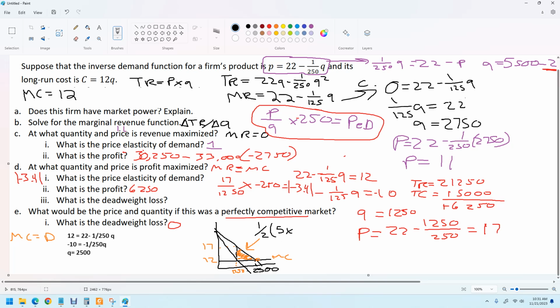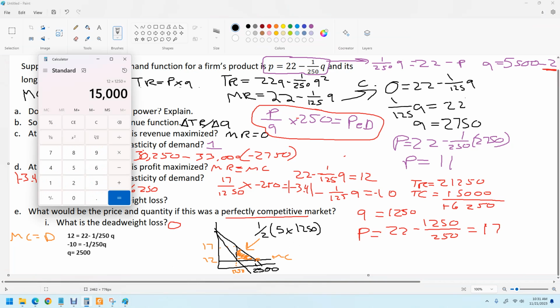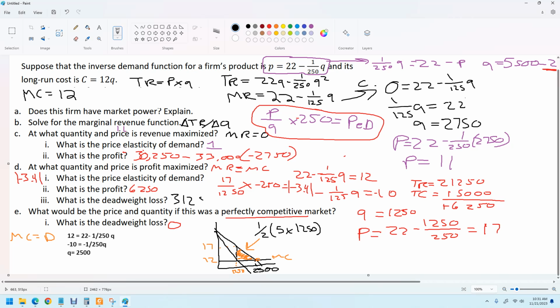So 1,250 is half of 2,500, so it's just 1,250. And I can't do that in my head, so 1,250 times 5, and then half of that is 3,125. That is the deadweight loss, 3,125.